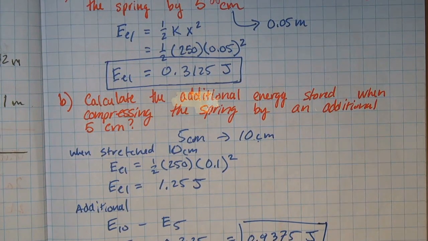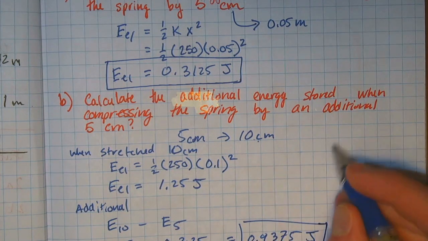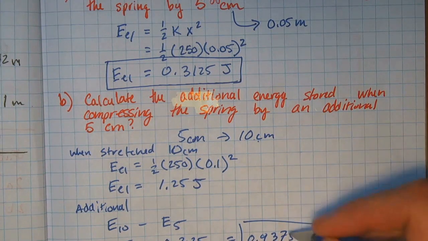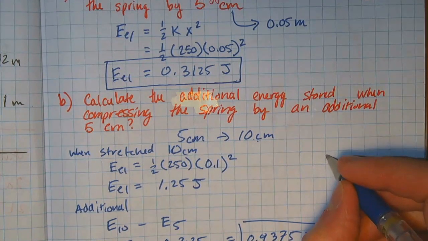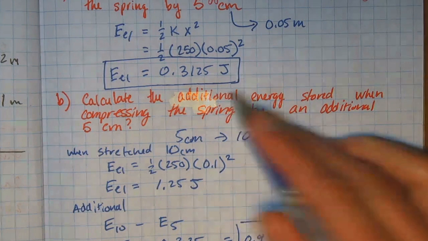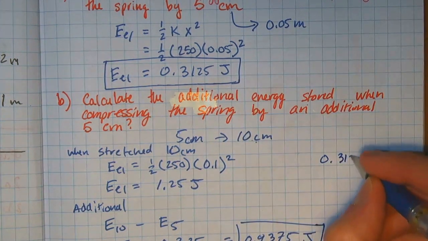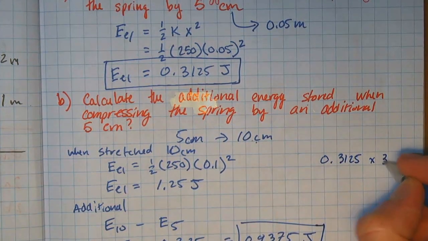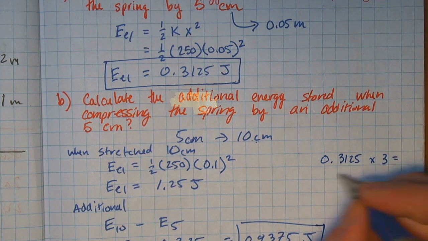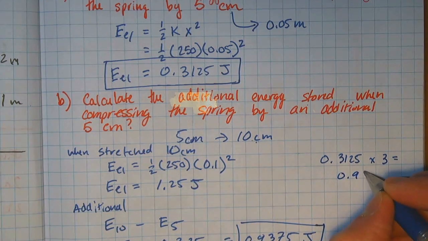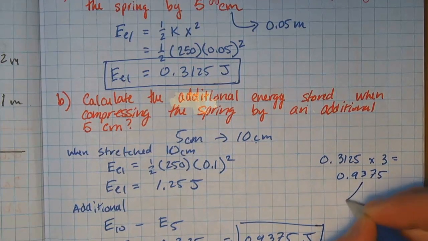However, just real quick, let's take a look at this, just for funsies. Let's take this number, 0.3125 times 3, and you'll note that that gives you 0.9375, which is that number.